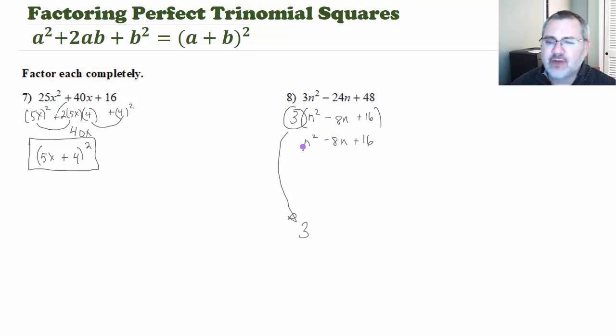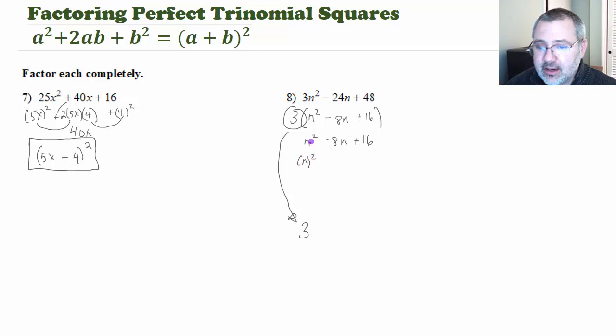Now there's a 1 in front, so we can use one of our other strategies for factoring simple trinomials, but let's see whether or not it fits our perfect square trinomial. Is the first term a perfect square? It is. You square n in order to get n squared. Is 16 a perfect square? Yes. You square 4 to get 16.